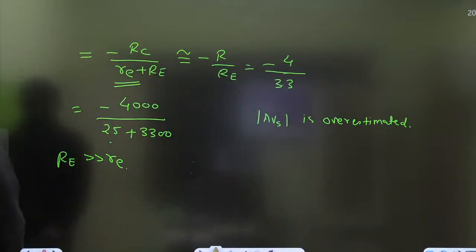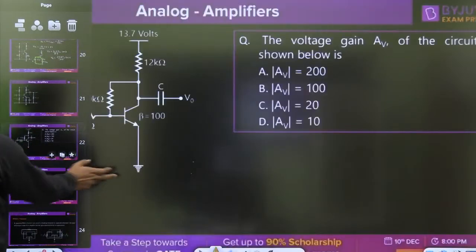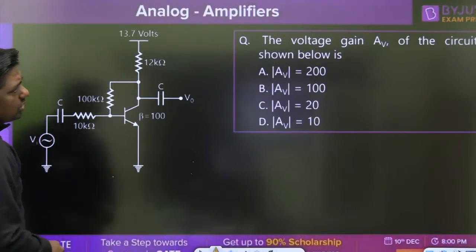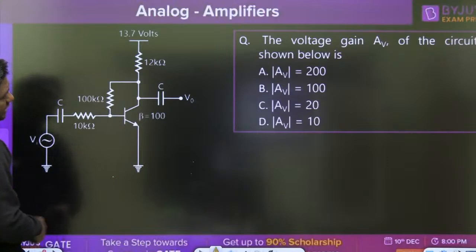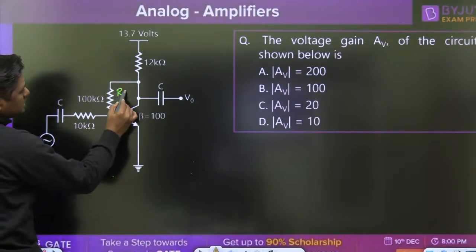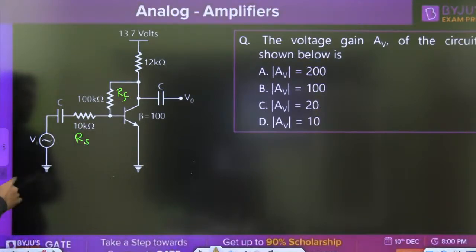Next question is this diagram. Number of times a question on this diagram, no doubt. But what is the method here? The approximate answer: this is RF, this is RS.